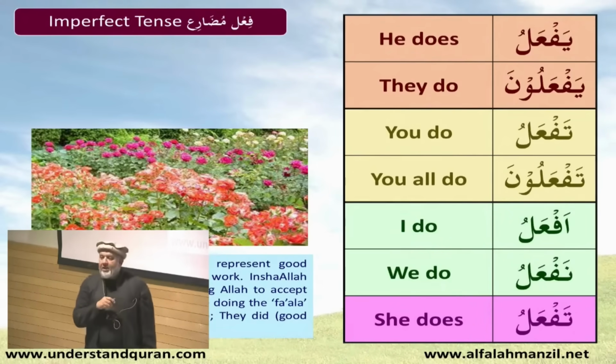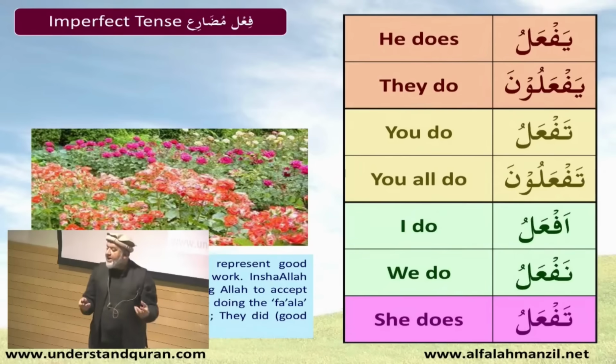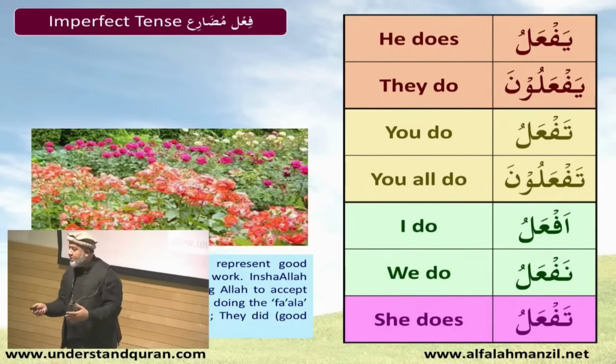because is it still three letters? No, there are four letters now, right? So the fourth letter which comes in the beginning is the alamate mudare. Understand this word, alamate mudare. What does that mean? The symbol of mudare, symbol of future tense. Do you know what symbol means? Like when we go to the washroom, there is a symbol of a male or a female.